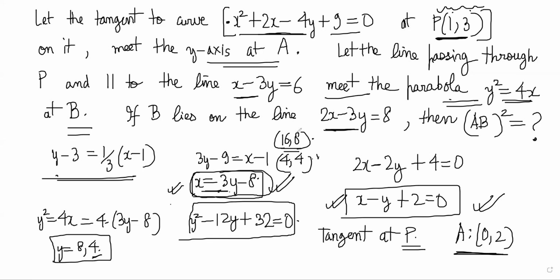So let's check: 2 into 16, 32, minus 3 into 8, 24. So (16, 8) lies on this, right? So B must be (16, 8). A is (0, 2). So the distance AB square will be 256 plus 36, which is 292.